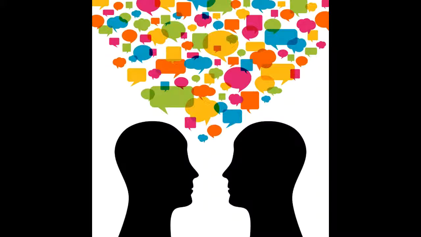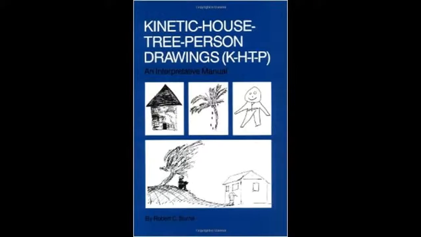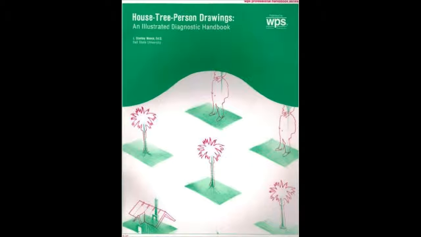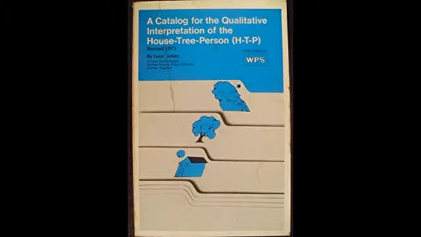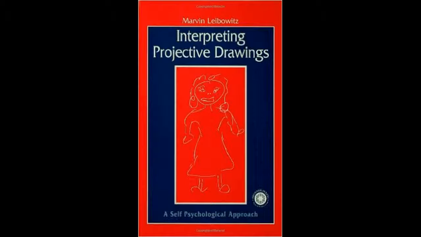The IQ portion of the test is no longer in use. Additionally, many interpretation manuals and ideas about what various symbols might represent have come into existence and are available to help therapists work with their clients to interpret what their unconscious mind may be projecting onto the drawings.